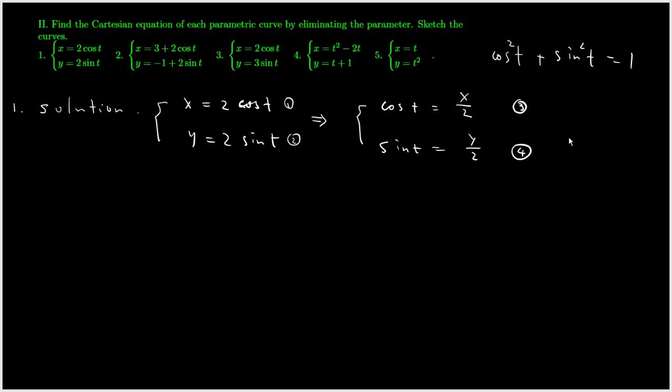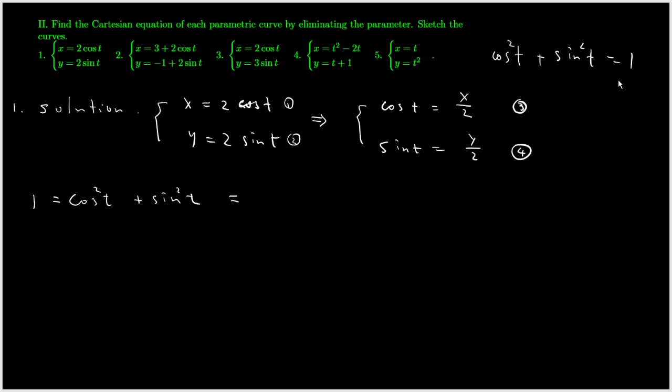Again, the only trig identity we use to eliminate t, so that we can get a relation between x and y, is that identity. So cos of t squared plus sine of t squared is 1 for any value of t, right?